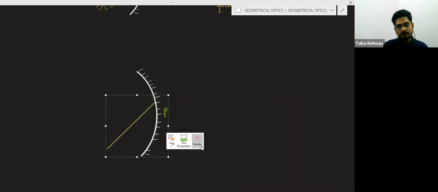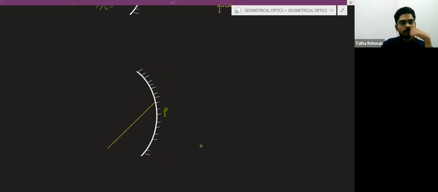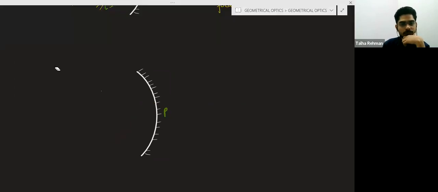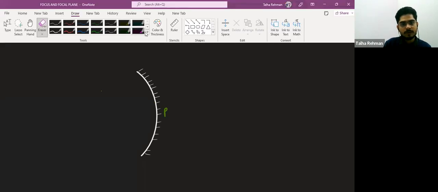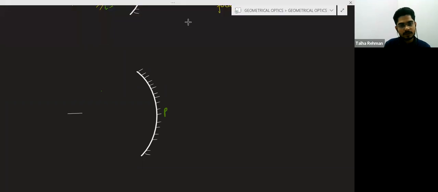This is a pole, and basically this is a principal axis, and now this is the center of curvature.